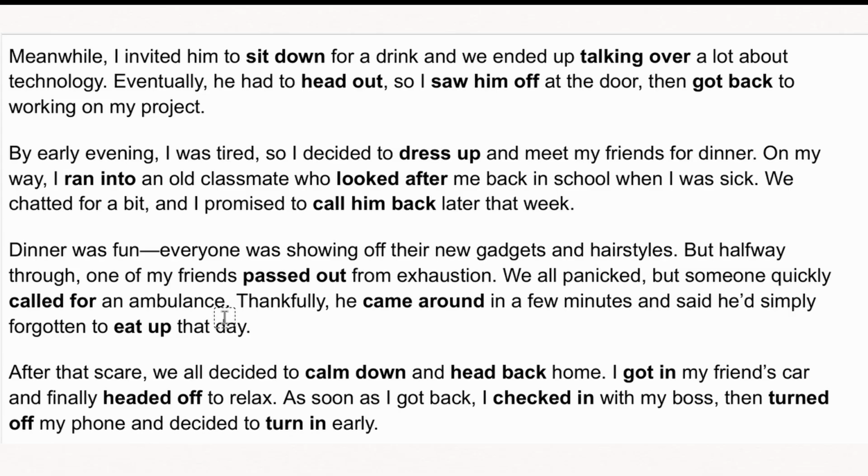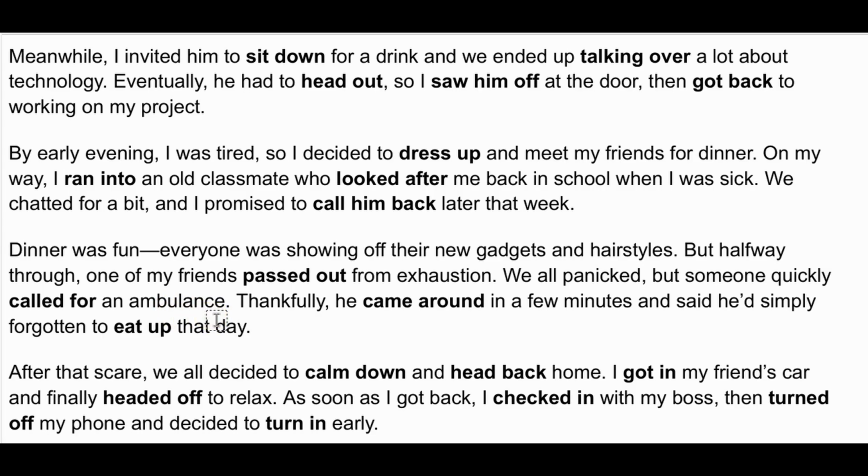To pass away means to die. For example, his uncle passed away, but to pass out means to faint. To faint, this is when you lose control. For example, you can fall and then you lose control. You don't know where you are. Okay. But someone quickly called for an ambulance.